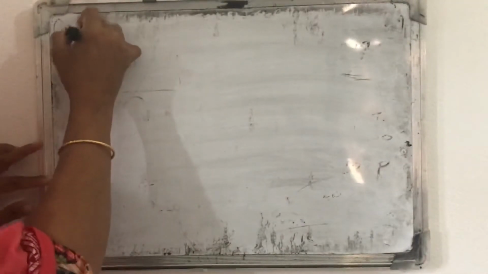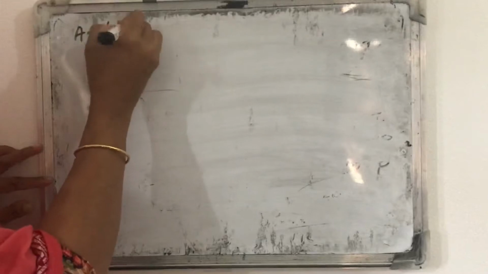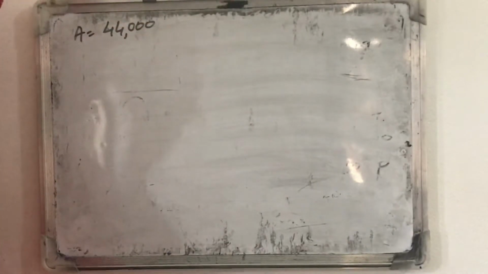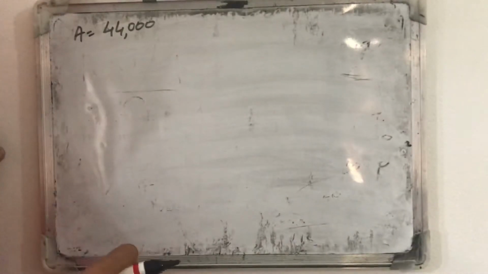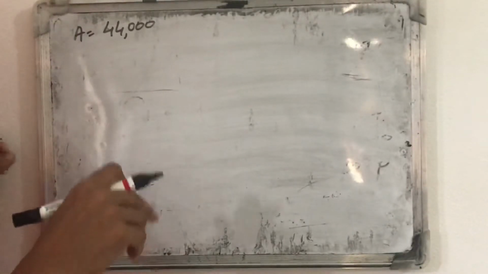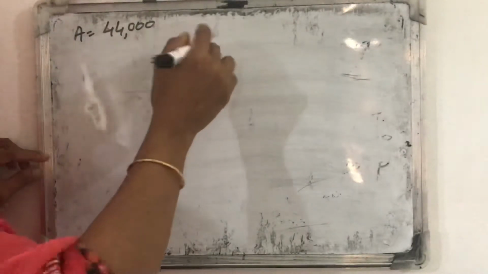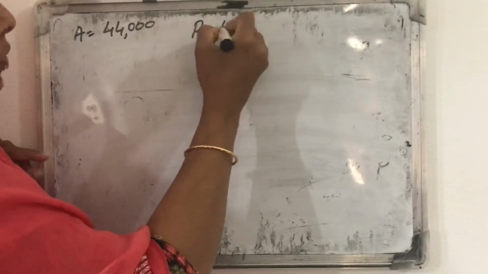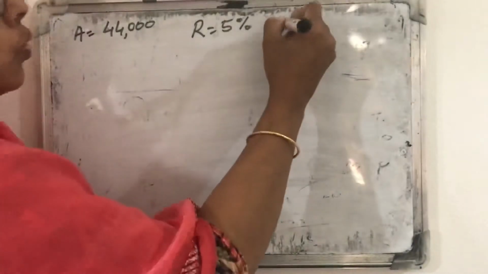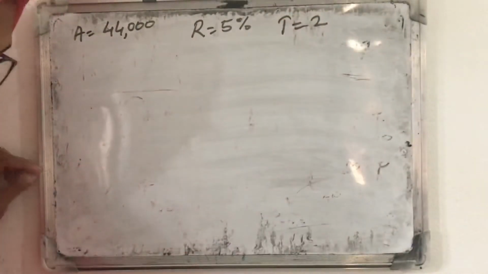So here the given statement is for the amount A is equal to 44,000. If a certain principal amounts to, here also principal is not given. For a certain principal, that we don't know how much is the principal, but the amount we will get is 44,000 rupees at 5% per annum. So rate is given 5% and over 2 years T is given 2 years.